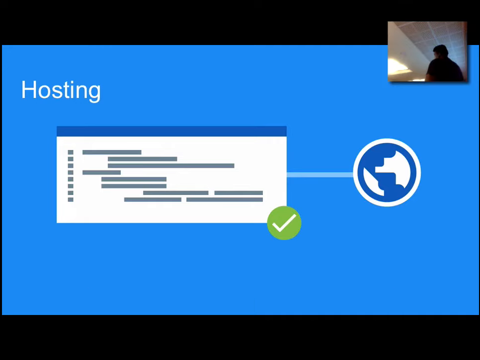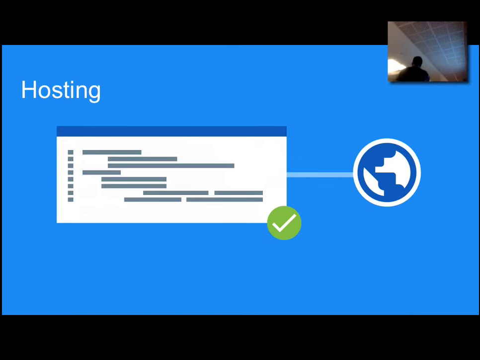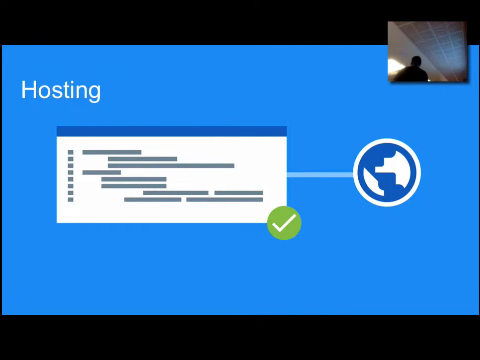If you have a custom domain, you can connect it without paying a single rupee. So it's static content, SSL by default, free custom domains, and with hosting you can connect the cloud functions that we just saw to make this static hosting into a dynamic one.